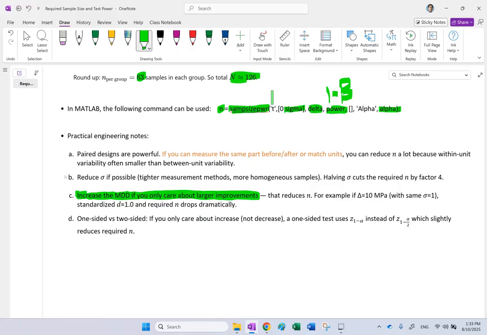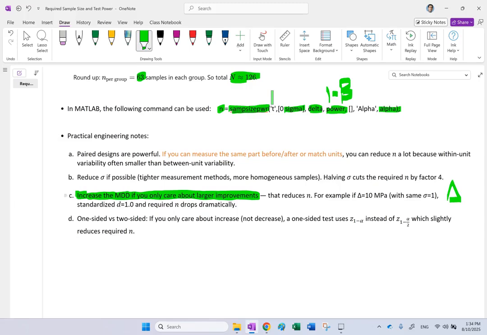Or in other words, if you have enough samples, that's fine. You can always detect smaller and smaller meaningful changes. But if you don't, try to come up with a reasonable minimum detectable difference. So try to use as big an MDD, as big a delta as possible, to keep the number of samples down.